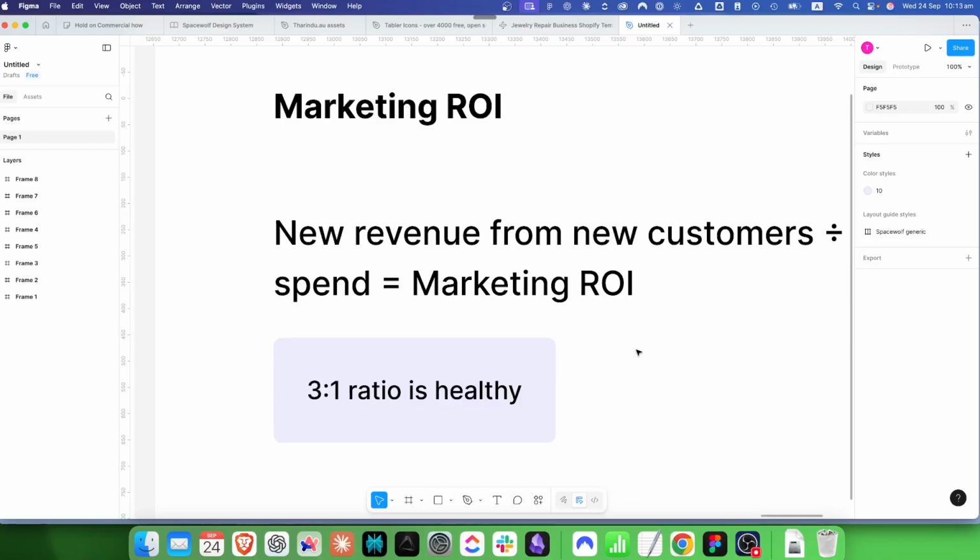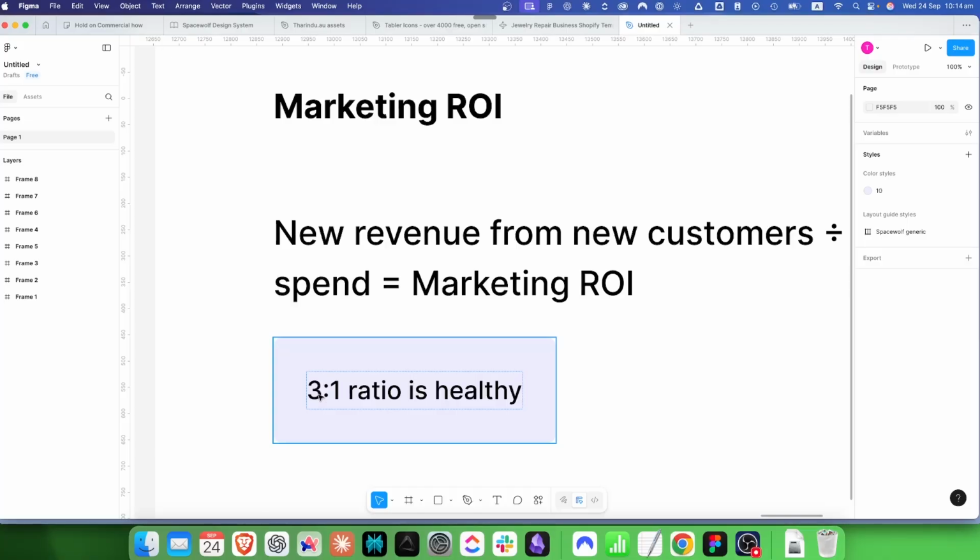Usually, again, this can differ between industries, a 3-to-1 ratio is regarded as healthy. What that means is you spend $1 on your marketing and you get $3 back, which is not too bad, right? Even 1-to-2 is pretty good. 1-to-1 means you're breaking even.